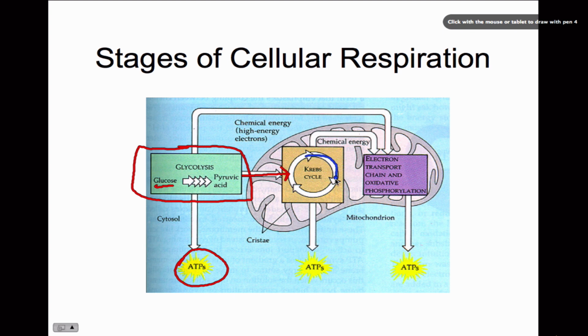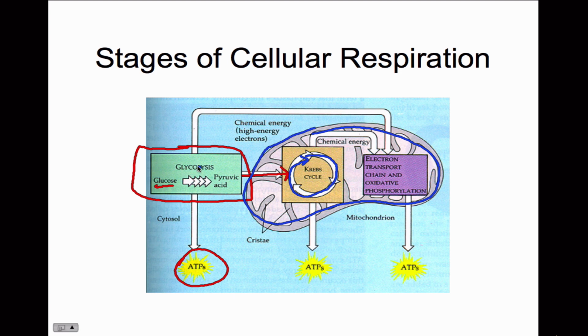This is a continuous cycle, so that's why it's indicated by a circle. This is just constantly occurring here. And notice that it's in the mitochondria. In the background here, you'll see this mitochondria. Glycolysis was in the fluid outside of the mitochondria, but now we've gone into the mitochondria.